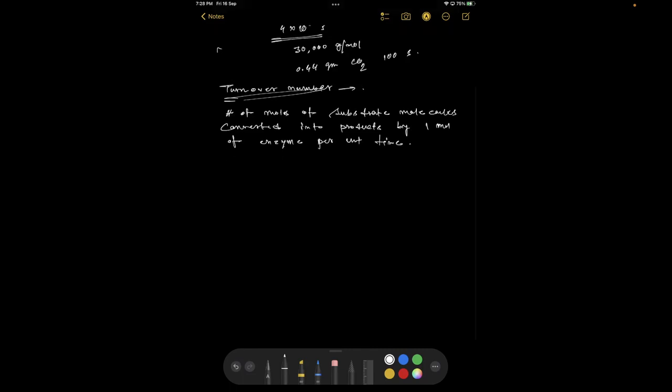So the unit of turnover number is second inverse. That means per second the number of substrate molecules converted into product by an enzyme molecule.